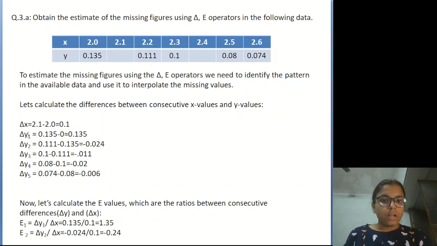And so delta y1 is 1.135 minus 0. As you can see here, we do not have a value point for 2.1, which is missing. So for now we have considered it 0. And so the difference 0.135 minus 0 is 0.135.